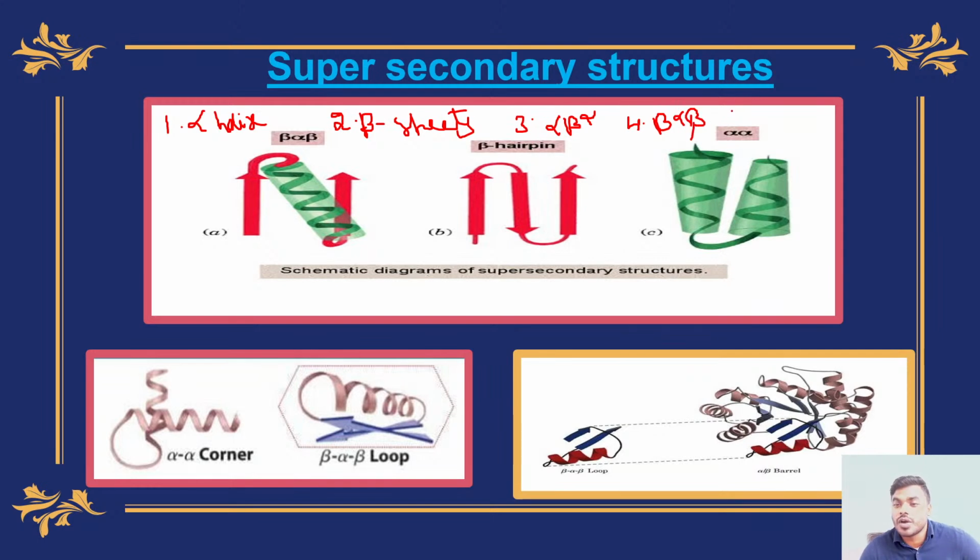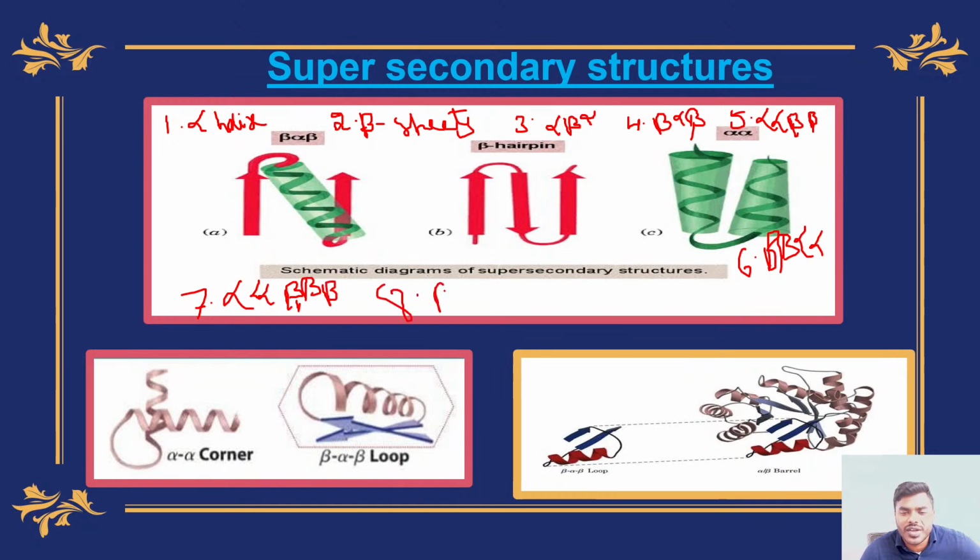And friends, the fifth combination, alpha, alpha, beta, beta. The sixth combination, beta, beta, alpha, alpha. The seventh combination, I am talking about the repeating units: alpha, alpha, alpha, beta, beta, beta. Another combination, beta, beta, beta, alpha, alpha, alpha.